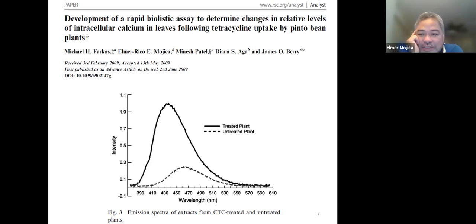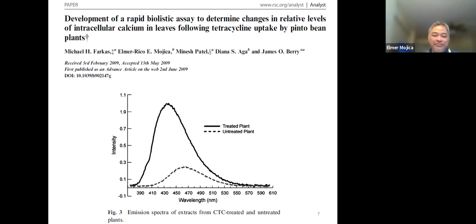There is a saying that if you take tetracycline as your antibiotic, you have to be very careful, because one of the side effects is that it will give you a glowing bone or teeth, because the calcium-tetracycline complex is a fluorescent material.